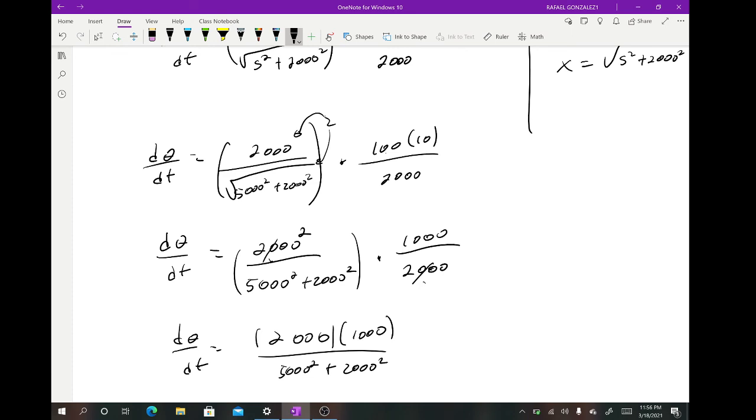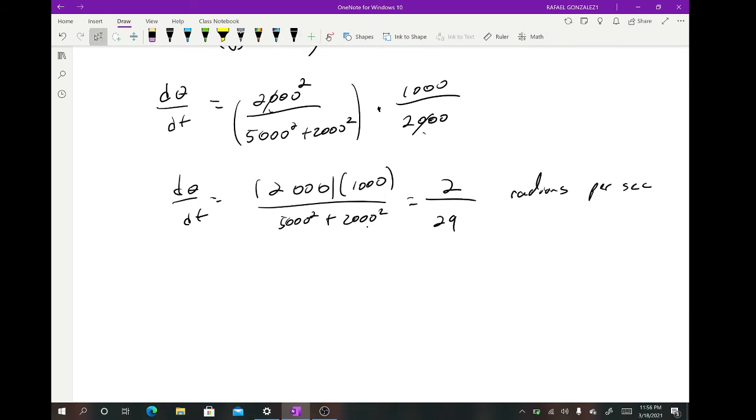Now, to make a long story short, you could use a calculator to figure this out. But after some cancellation, if you square 2,000 and square 5,000, you add them, and then you multiply 1,000 by 2,000, this is going to be equal to, after you simplify, 2/29, and this is in radians per second.